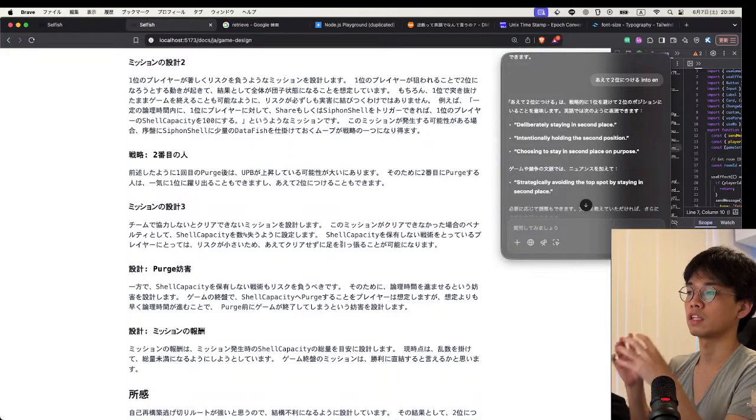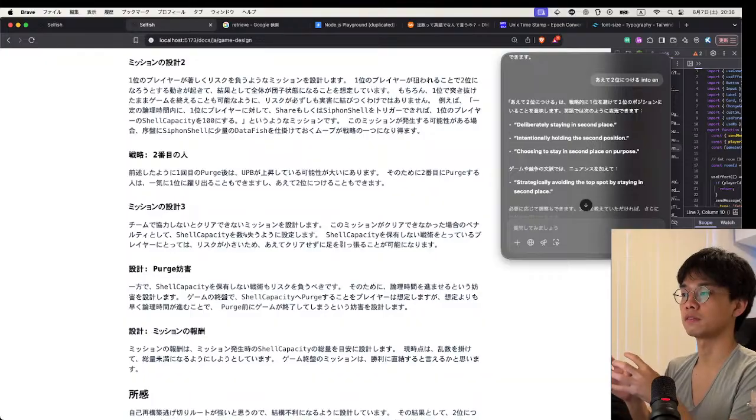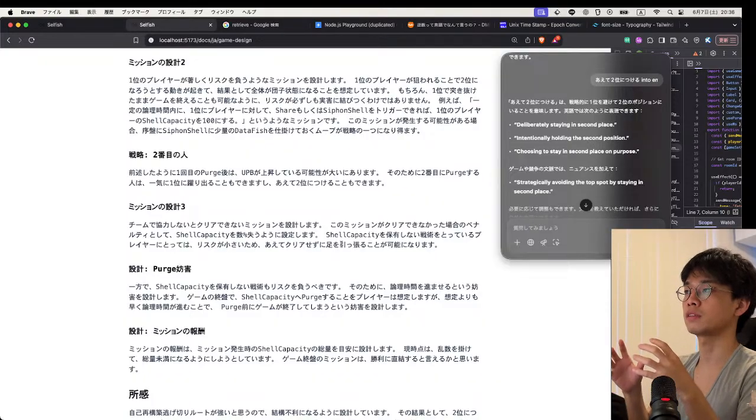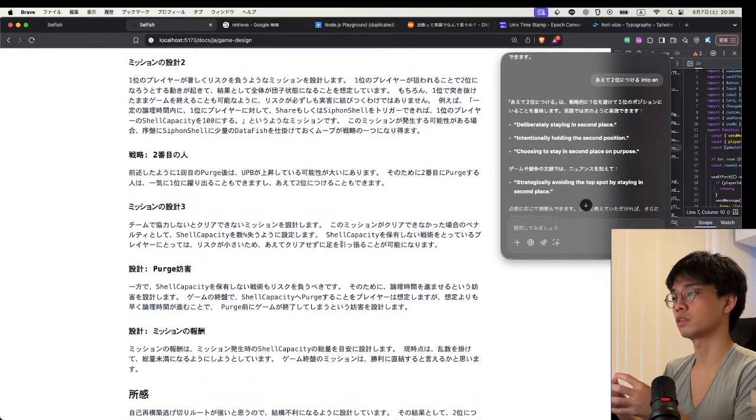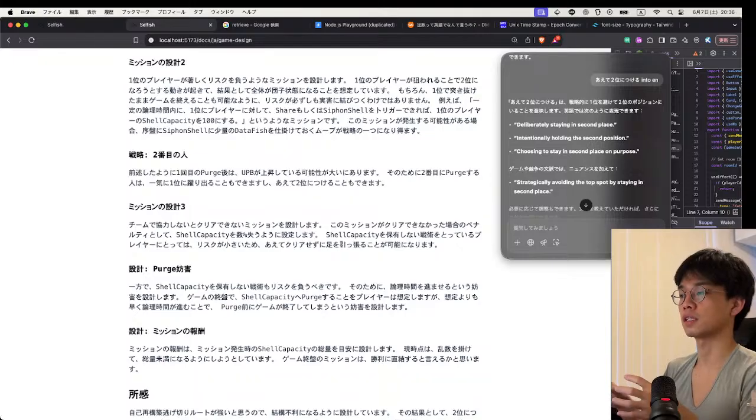So if the teammate has a lot of shell capacity, the player who has a small amount of shell capacity fails to complete the mission deliberately. Yeah, this is a kind of strategy.